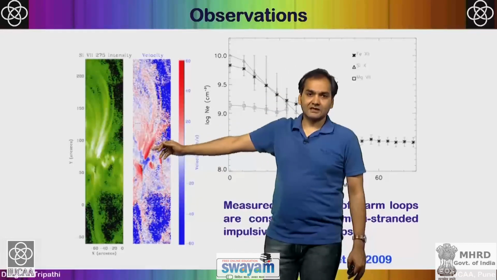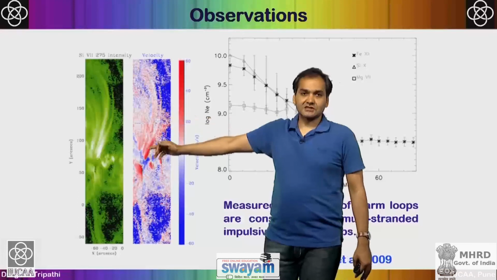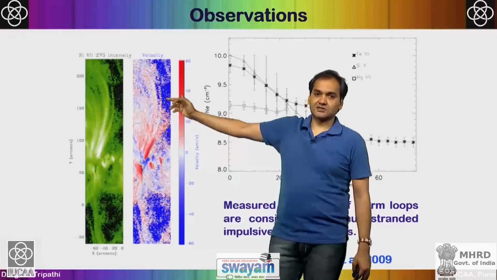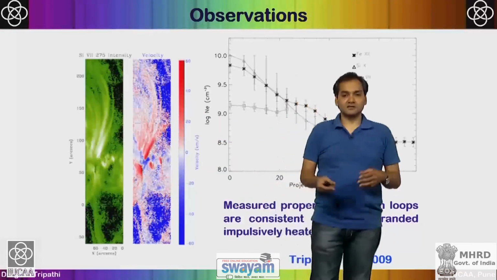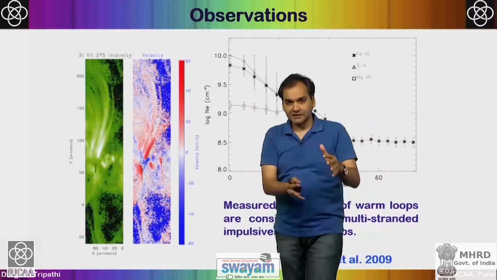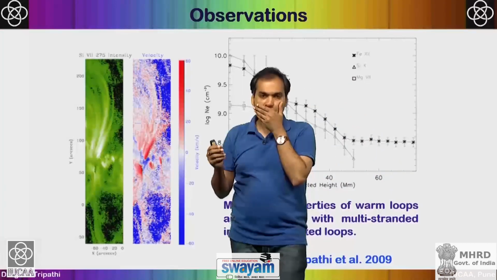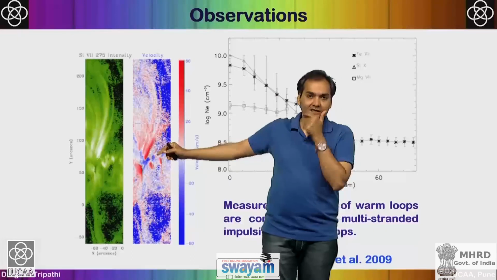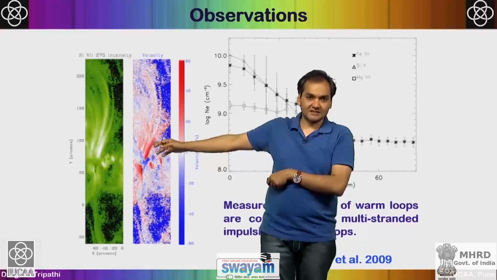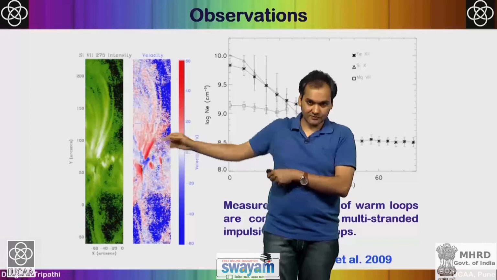You see that all these loop structures show redshifted emission, that is, the plasma is essentially cooling and draining along those field lines, and the redshifted emission increases as you go towards the foot point regions of these loops.